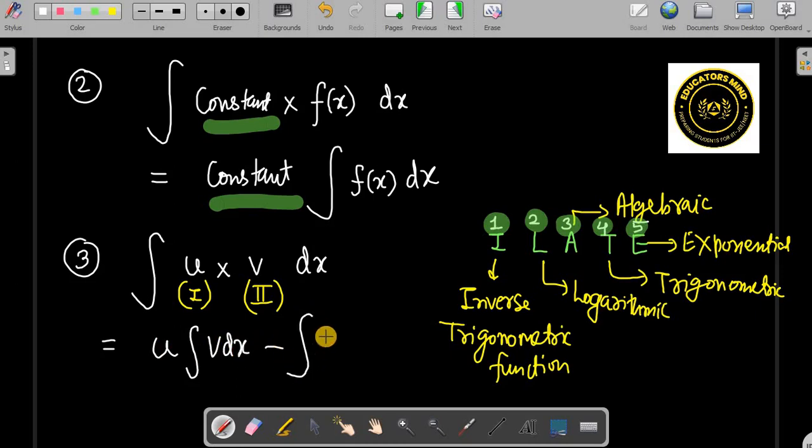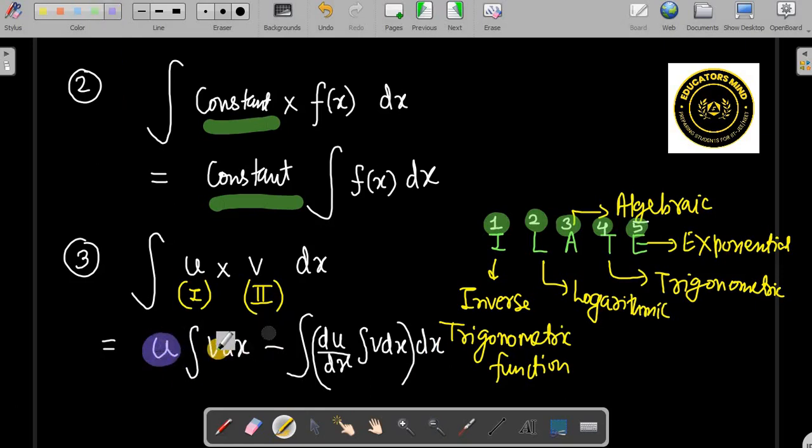Next there will be another integration where you have to differentiate the first function with respect to x, keep whatever integration you have done, and integrate this whole thing with respect to x. So the first function you are leaving, and the second function is coming as integration, right?